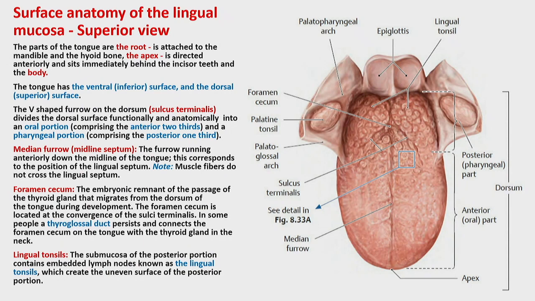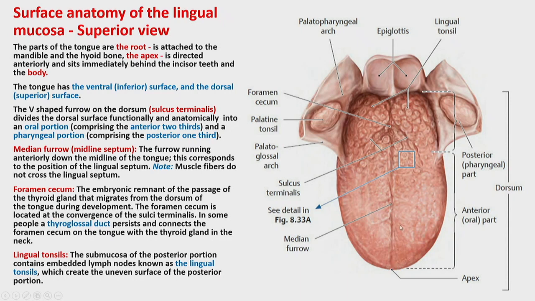Basically, we are dividing the tongue into different parts. The posterior part, the posterior 1/3 of the tongue, is called the root of the tongue, or radix. The most anterior part, behind the incisor teeth, is the apex.